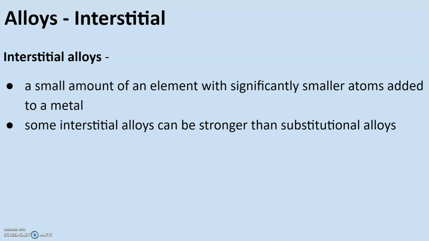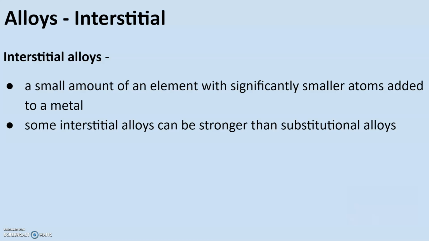Our second type is called interstitial. Inter means in between. So substitutional is to swap out. Interstitial is in between. So it's combining an atom of significantly smaller size that is able to fit within the lattice.